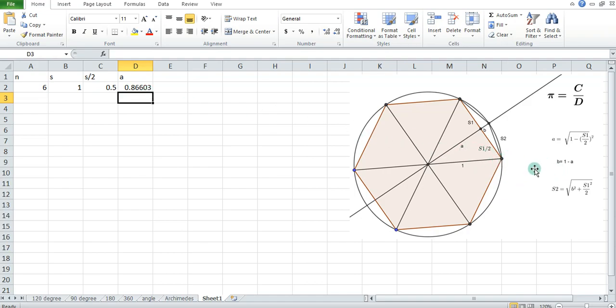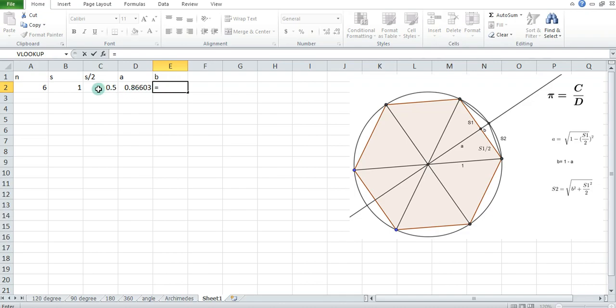Now the next part is we have to find the value for b. So let's find b. How do we find b? The whole length is the radius, which is 1 unit. When we subtract a from that 1 unit, then we get this small space value b. So here is another formula.